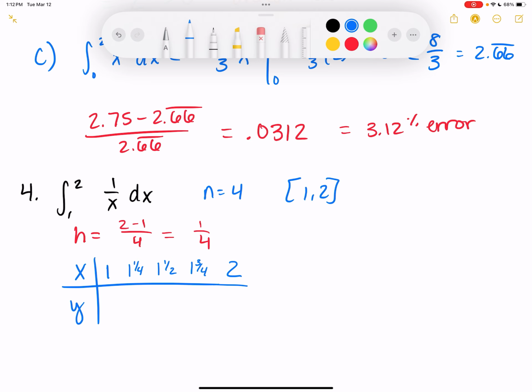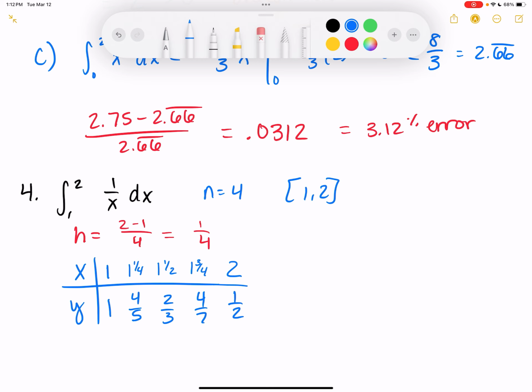So if I plug in 1, I get 1. I would plug in 5/4 instead of 1 1/4, and get 4/5. I'd plug in 3/2 instead, and get 2/3. Plug in 7/4, get 4/7. Then plug in 2, get 1/2. Are we tracking where we got all those from? Everybody good? It was 1 over a fraction, so we keep, change, flip. Got it.